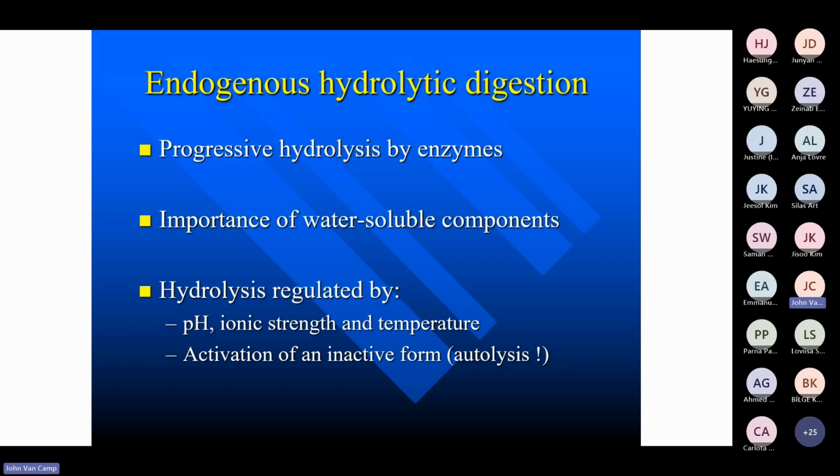So for example, if we have pepsin, which is the enzyme that is present in the stomach, then we will release pepsinogen, which is a precursor of pepsin. It's produced by the wall of the stomach. You release it into the GI tract, and there the pH is so low that you have direct conversion of pepsinogen into pepsin, and then this enzyme becomes active.